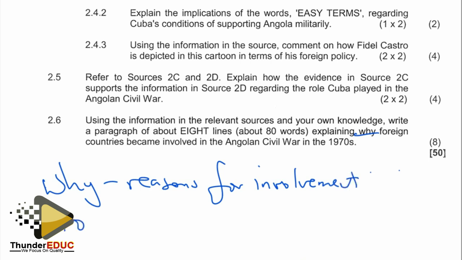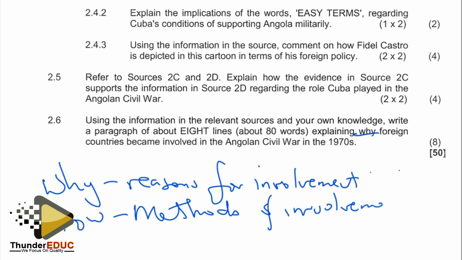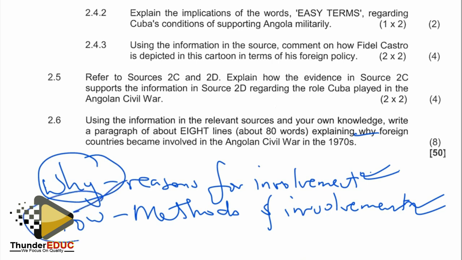If it is the how question, we want to look at the methods of intervention, of involvement. Which methods were used? Did those countries get involved physically by sending troops, or were they sending military support, or financial aid? That is how. So you should pay attention to the instruction, how and why. This one is a why. We want reasons for the involvement of foreign countries.